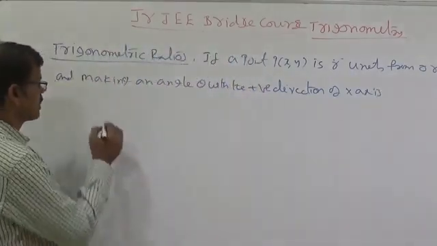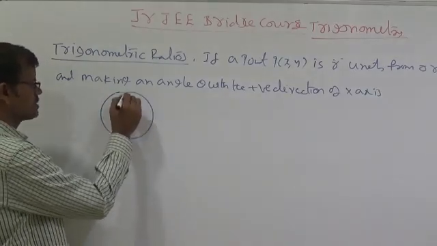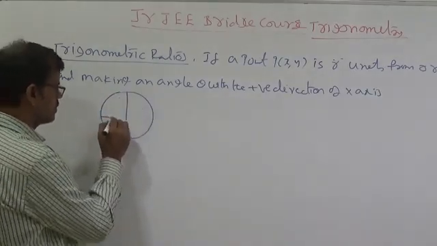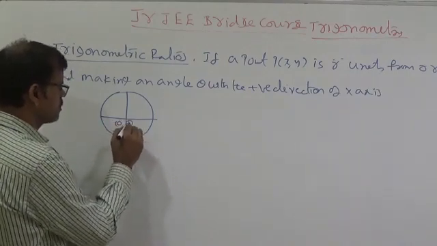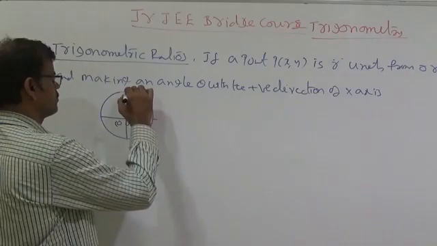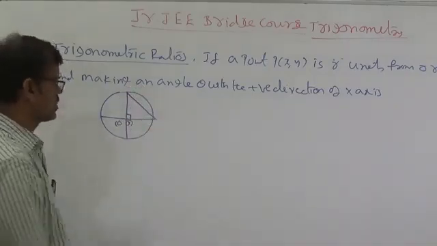That we can understand as depending upon a circle taking center 0, 0, a line. This is a right angle triangle. For a right angle triangle, the trigonometric ratios are defined.